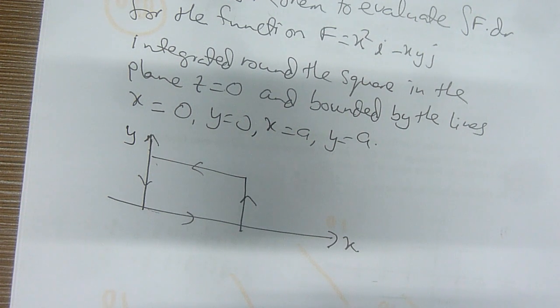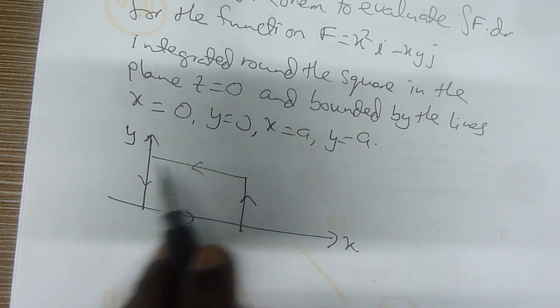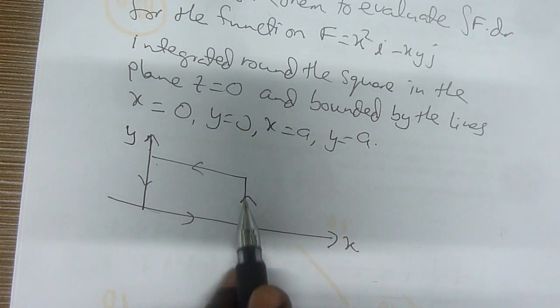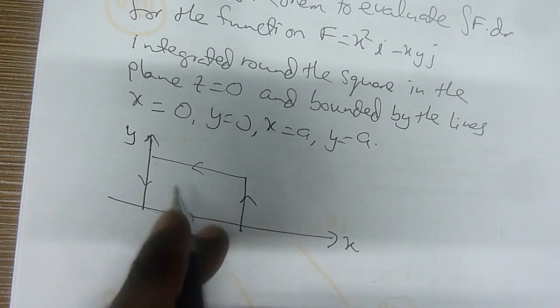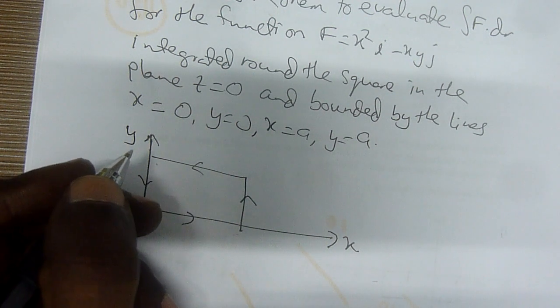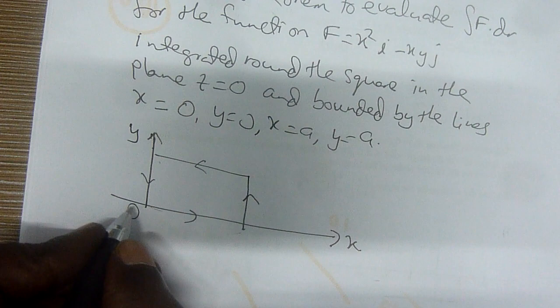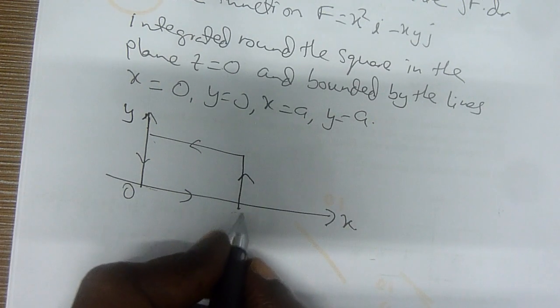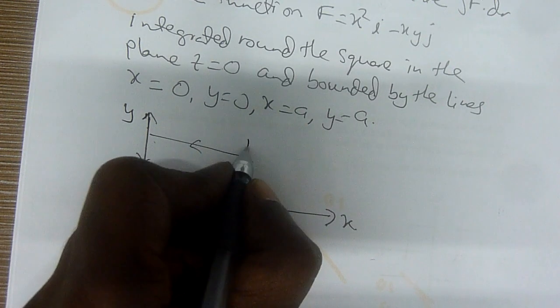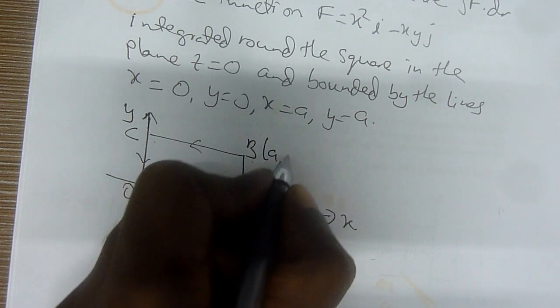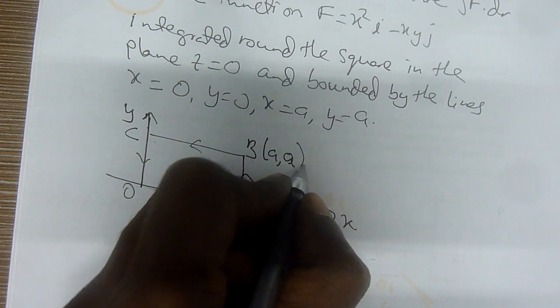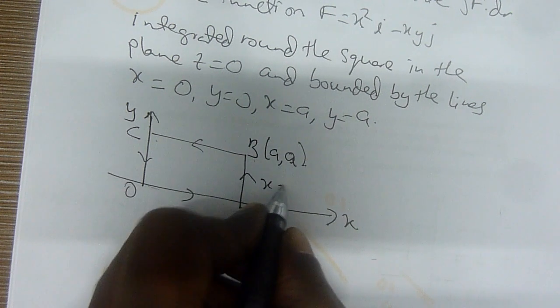Therefore we can assume this is anti-clockwise first. If you get a negative as your answer, you change it to clockwise. Therefore the first part here, let's say is O, A, B, C. B here is (a, a), and the line here is a.